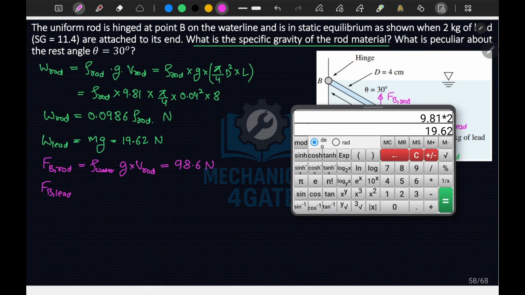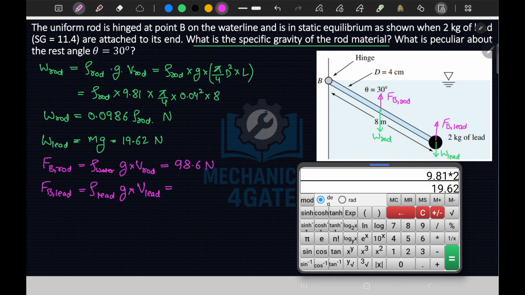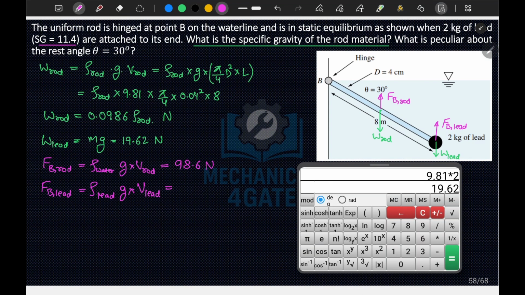Okay, so FB for lead is equal to density of lead times g times volume of lead. And this would be equal to, now you are given the density of lead is equal to 11400 times g times volume of lead. So volume of lead we don't know. Let me do one thing here.